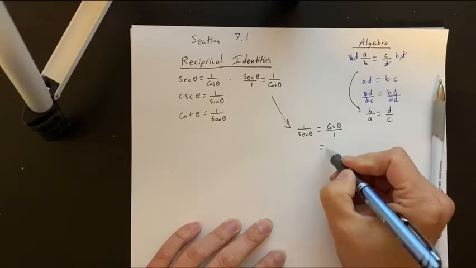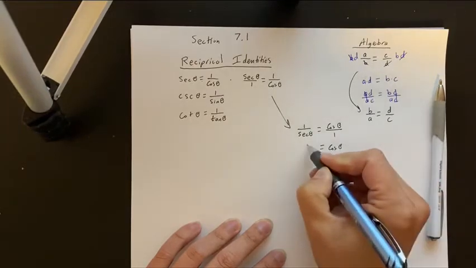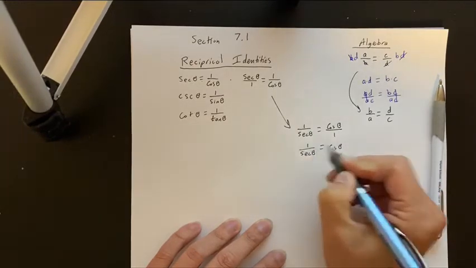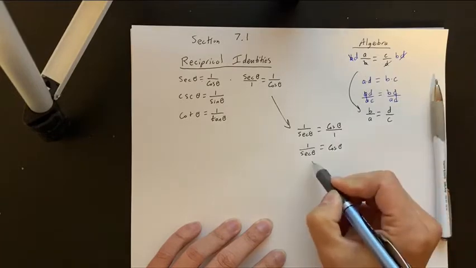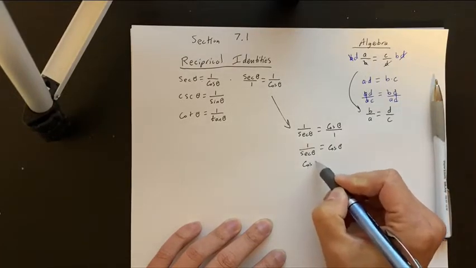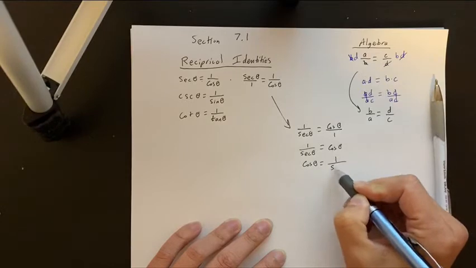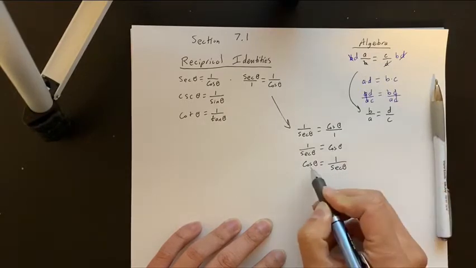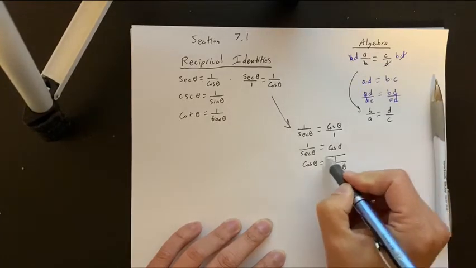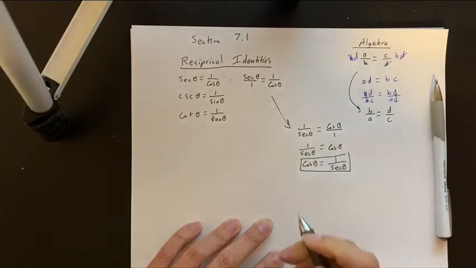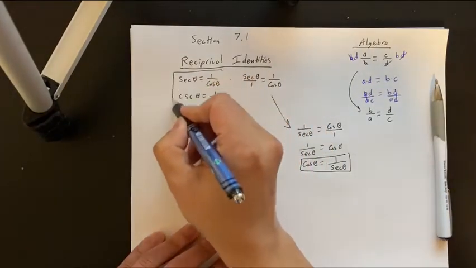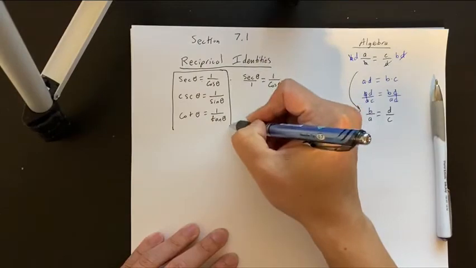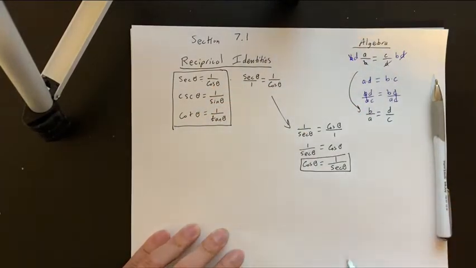So really, cosine theta is the same thing as 1 over secant theta, okay? Or really, cosine theta is 1 over secant theta if I move cosine to the left side. So that's going to be another reciprocal identity on top of these three. So once I establish an identity, I'll circle that in. Okay?